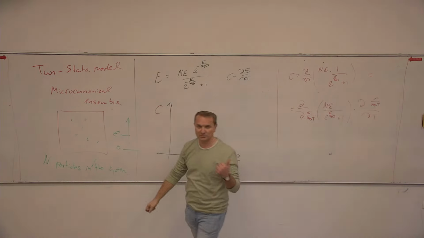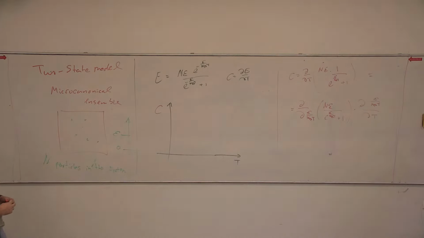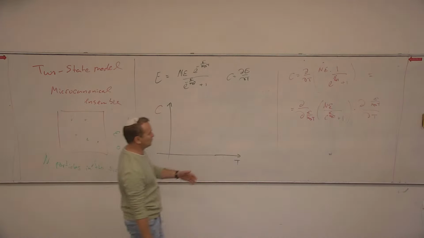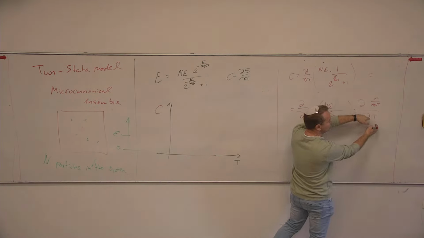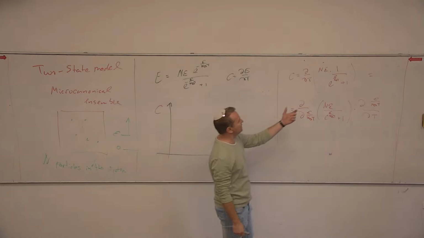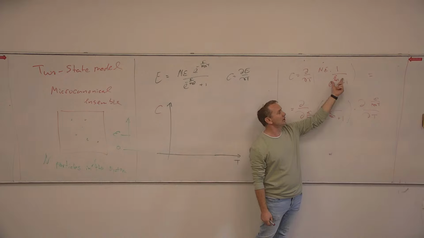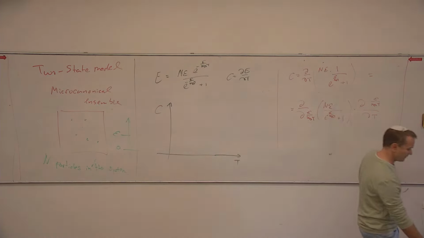Instead of taking a derivative with respect to t, I'm taking the derivative with respect to this whole thing, and then taking the derivative of this whole thing with respect to t. Why am I doing that? Because the dependence on t inside the function is epsilon divided by k Boltzmann t, so it's easier to do it that way.